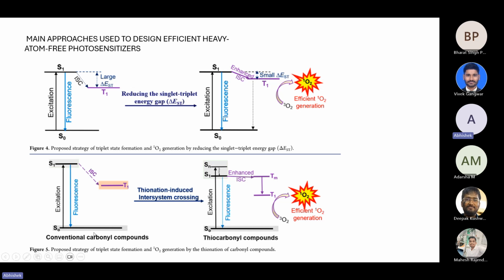These are the conventional carbonyl compounds. By replacing the carbonyl with thionation, intersystem crossing is induced. As we can see, the gap between the singlet excited state and the triplet excited state, that is ISC, is reduced by substitution with a thiocarbonyl compound, and then efficient singlet oxygen generation can happen.